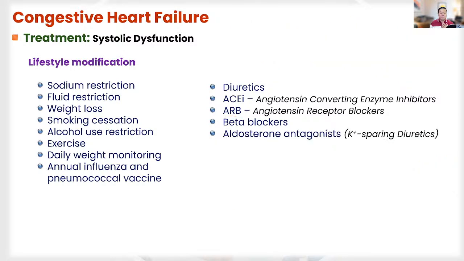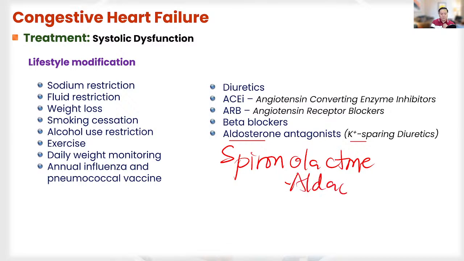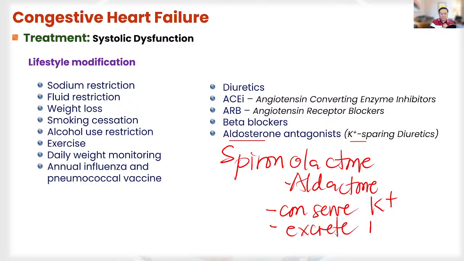There's probably going to be an inclusion of the aldosterone antagonists, and these are your potassium sparing diuretics. So again, the spironolactone will be included here, or known as the Aldactone. This is going to conserve K ions, but will excrete water and sodium.